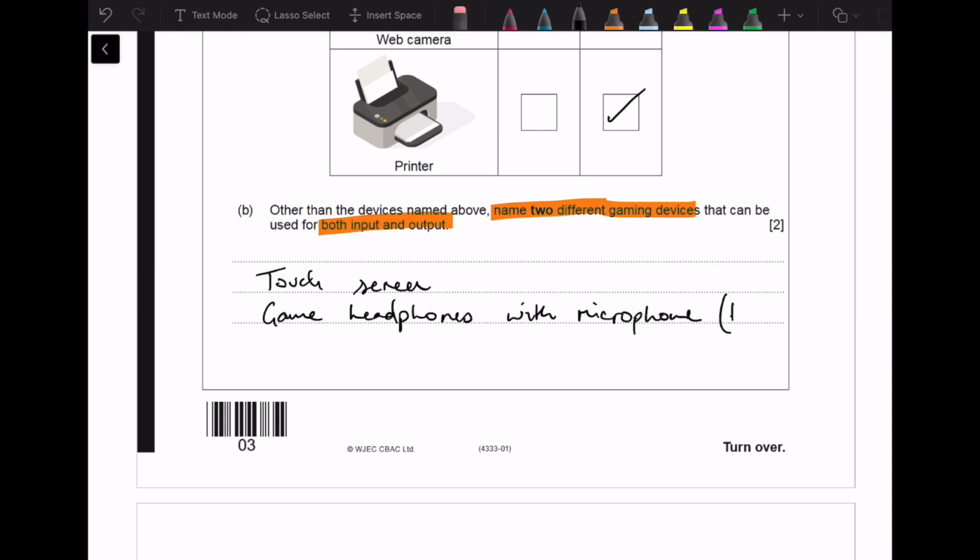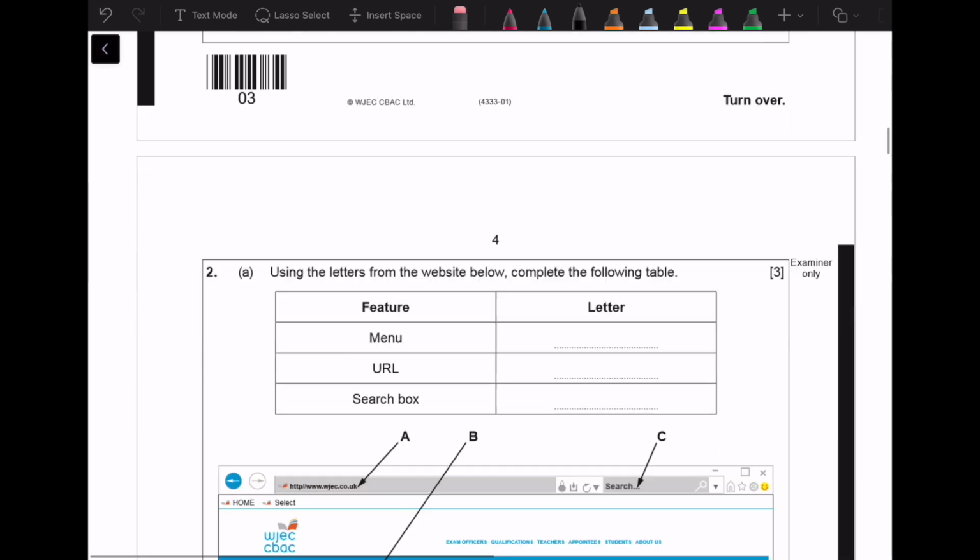Or if you said headset. Typically, a headset will always have a microphone and obviously a set of earphones as well.